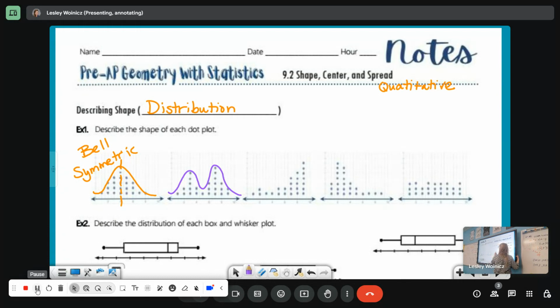I mean, strictly speaking, that is the mode because it's highest, but the data is centered around two different spots. So we call this one bimodal. Bi meaning two. Like you guys are all bipeds because you got two feet.